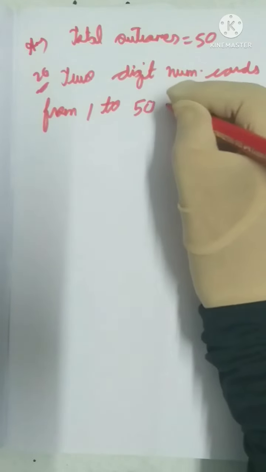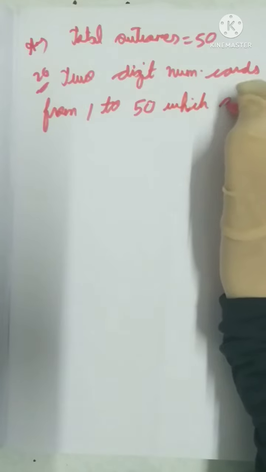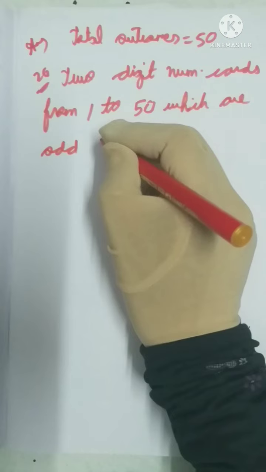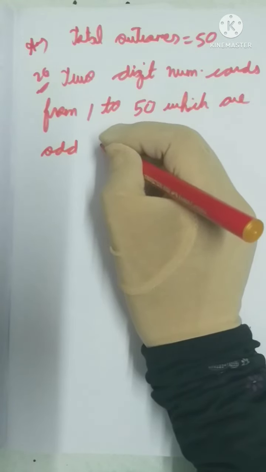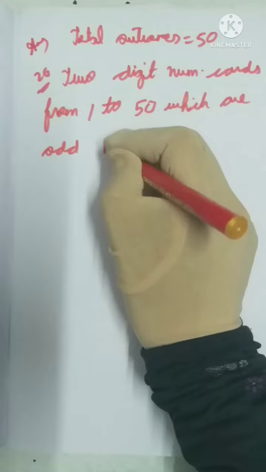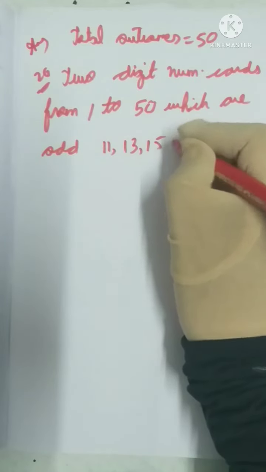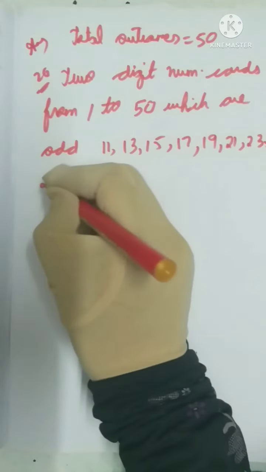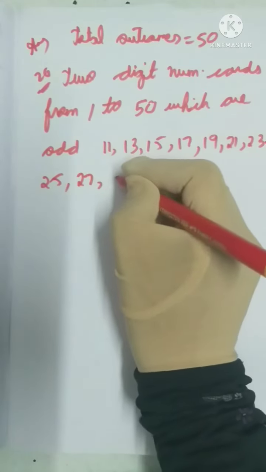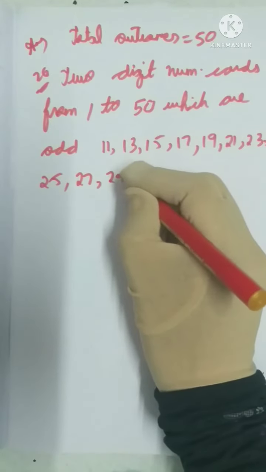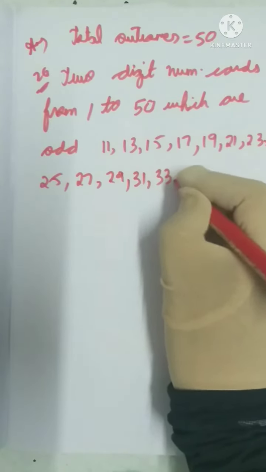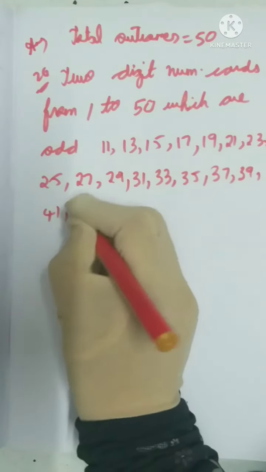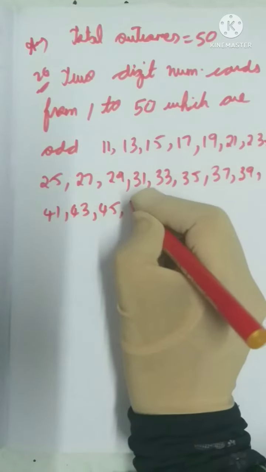The smallest number is 10, which is also a 2-digit number, but 10 is an even number. So we'll start with 11: 11, 13, 15, 17, 19, 21, 23, 25, 27, 29, 31, 33, 35, 37, 39, 41, 43, 45, 47, and 49.